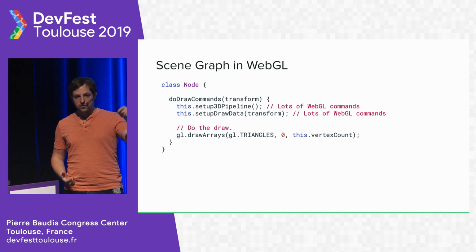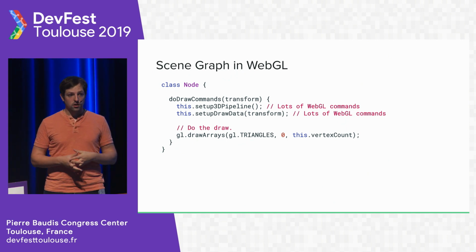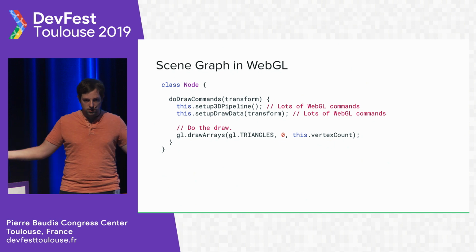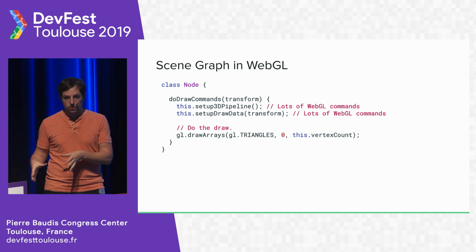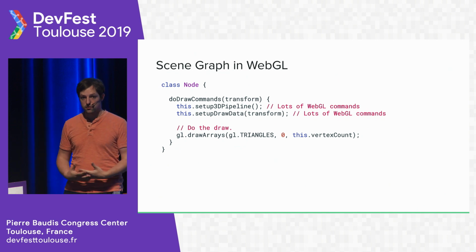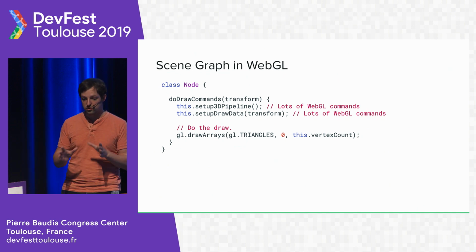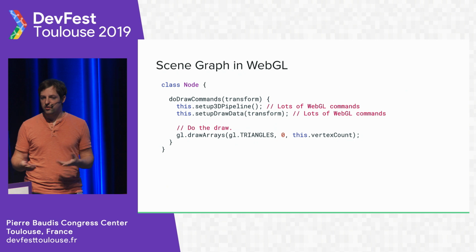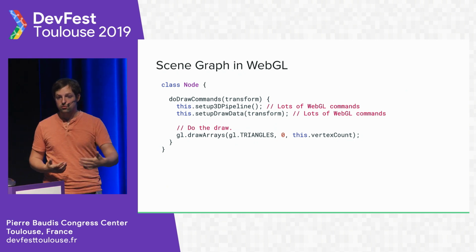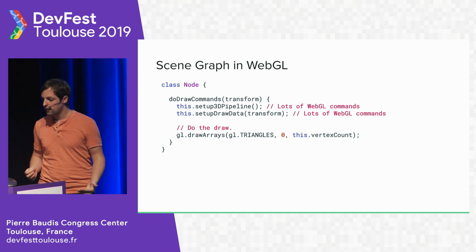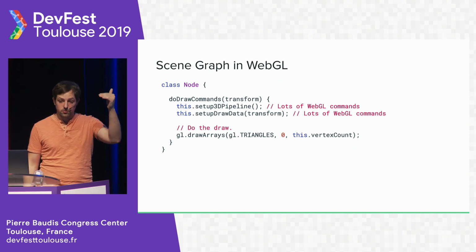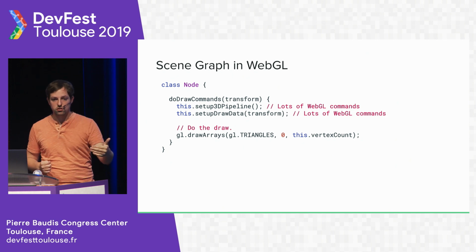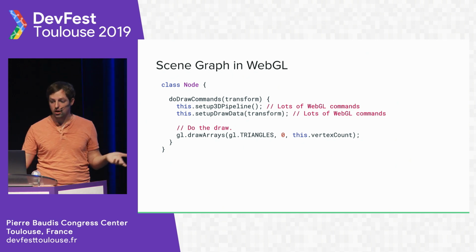In WebGL, both of these are a lot of commands, like maybe 10, 20, 30 more. And there's a lot of work being put in WebGL frameworks to optimize the number of commands that are done. This is the most important thing they can do. But it's not the most interesting, and also they still have to do a lot of these commands every time. And so once we have done these setup steps, the only thing that's left to do is just draw the car.